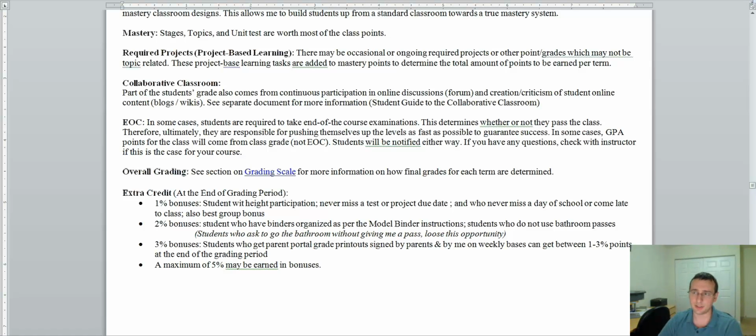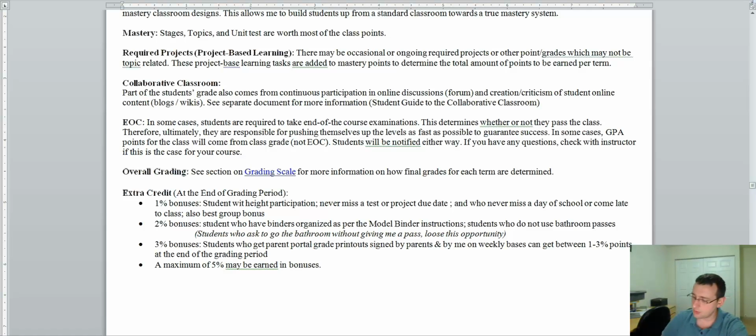And then there's also the collaborative classroom. Now, the collaborative classroom is part of the student's grade also, but it's usually considered extra credit. What it is, is that the students can participate on the online forum, on blogs, on wikis, and by chatting online, and get points so that they can get extra credit.